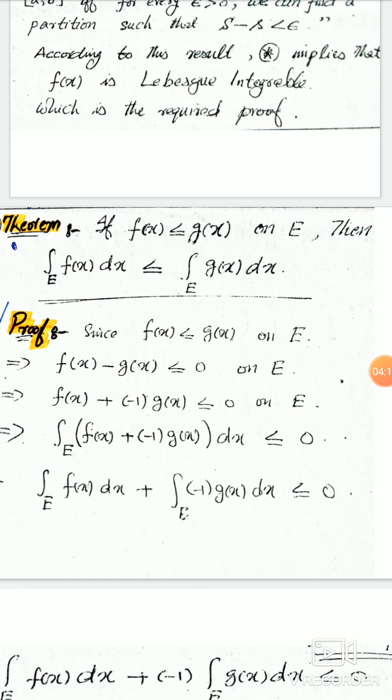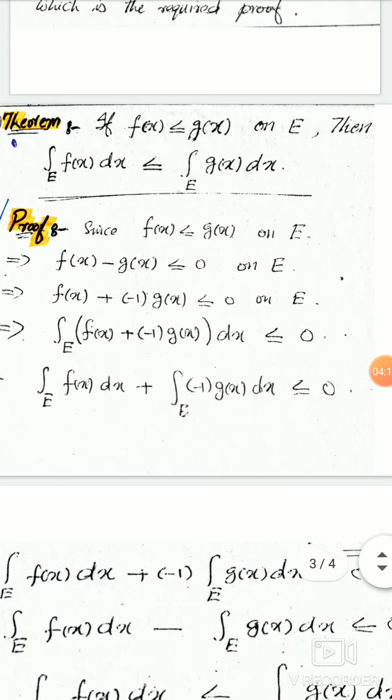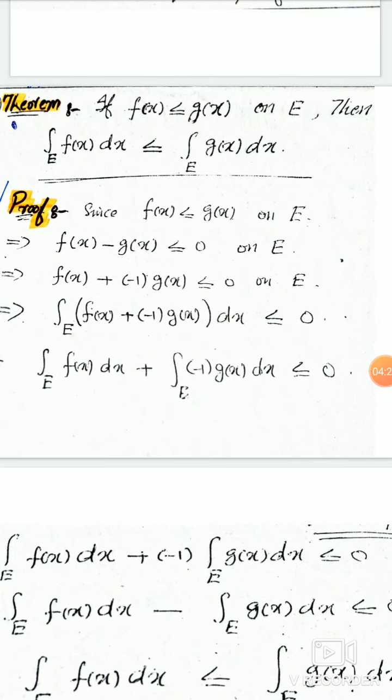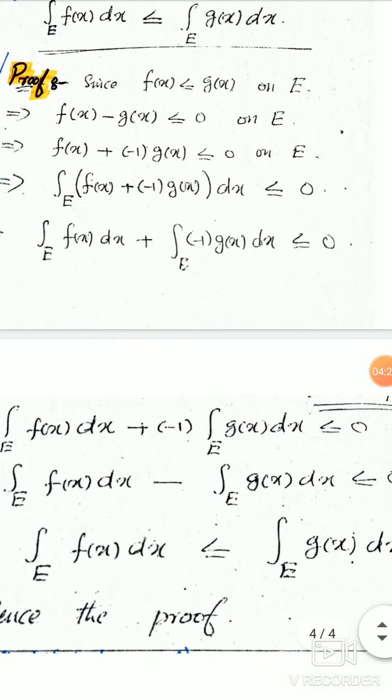Now taking the integration on E as the domain, the integral of [f(x) plus (minus 1) g(x)] dx is less than or equal to 0. We can distribute the integration: the integral on E of f(x) dx plus the integral on E of (minus 1) g(x) dx is less than or equal to 0.